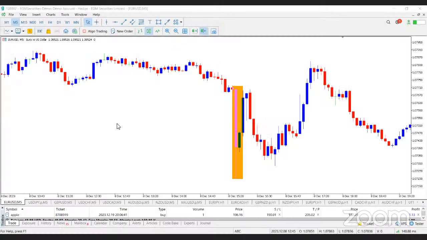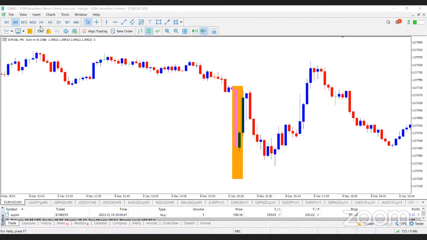So we'll now jump into the charts to have a look at a few USD pairs and how they performed during that particular time. So we'll start with Euro USD.